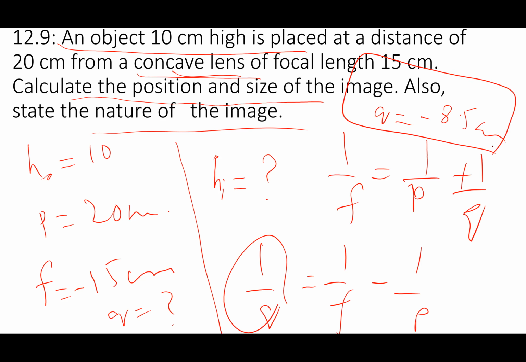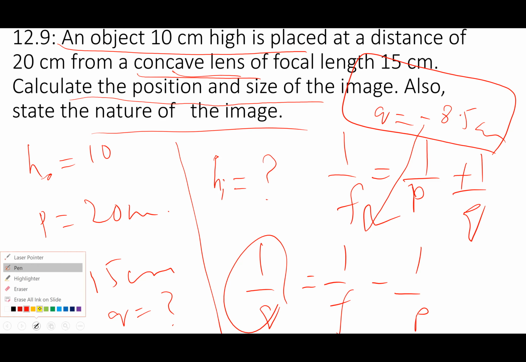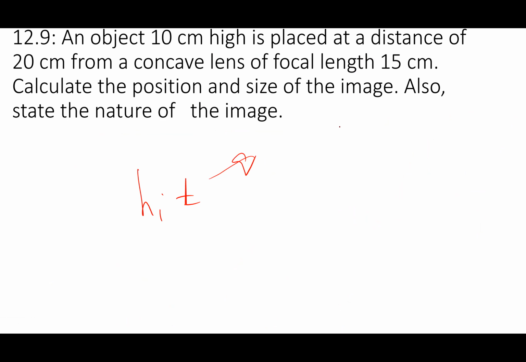This is the right answer. Negative sign represents the image is virtual and erect. Now for height, we have the formula that height of image is equal to q by p multiplied by height of object.